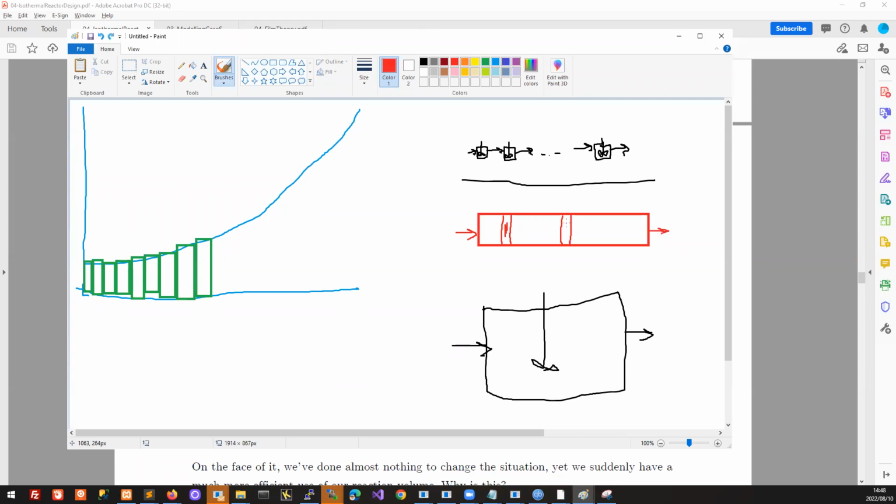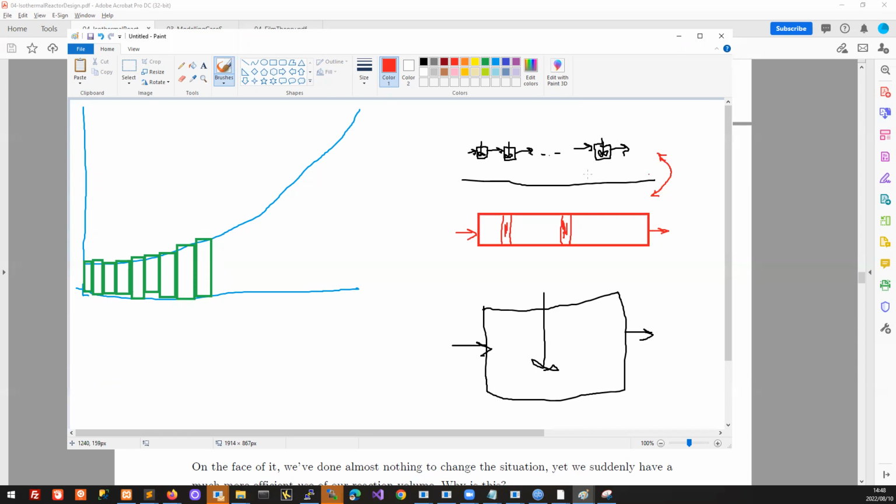So each plug was like that. So if you think about 1,000 little CSTRs, each one looks like its own little plug here. So that's looking quite interesting. It looks like we can approximate plug flow-like behavior by changing the number of mixed regions.